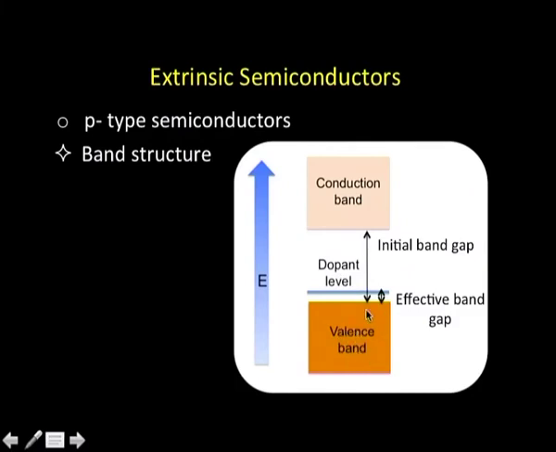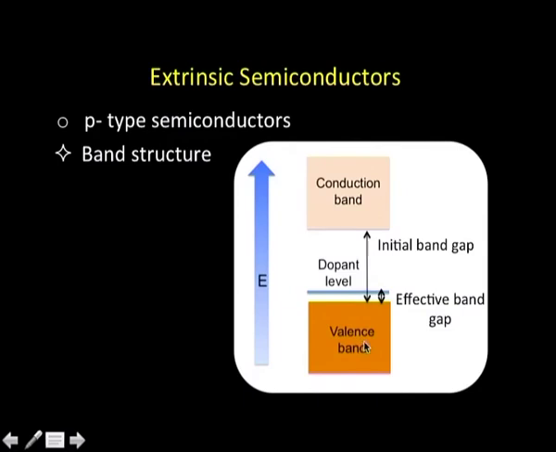Effectively, what can happen now is, because there is a hole here, because this dopant level is short of an electron, with a little amount of energy the electron will move from the valence band of the silicon atom and come down to the hole located in the dopant level, and it will start conducting. We will be creating a hole here, and the process will continue thereafter.